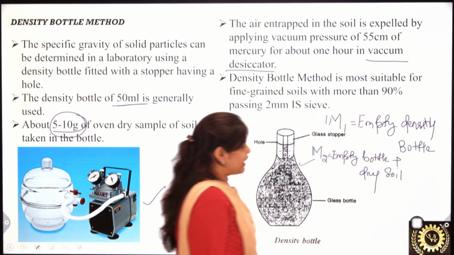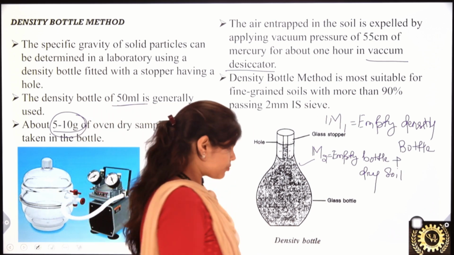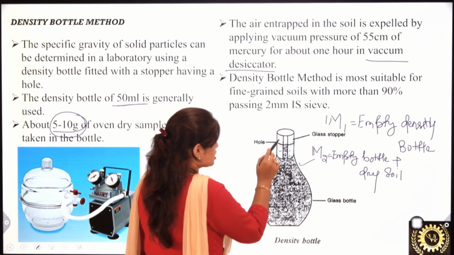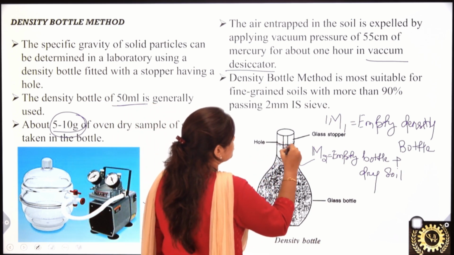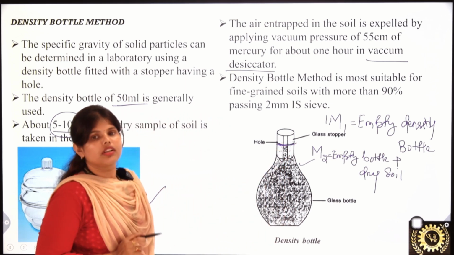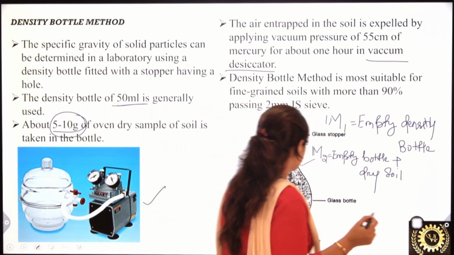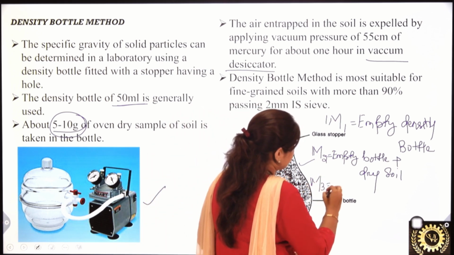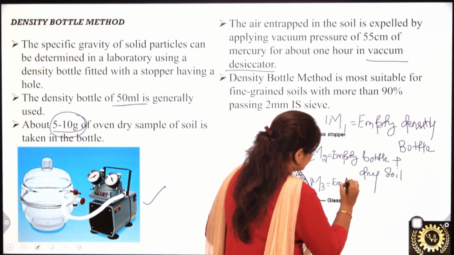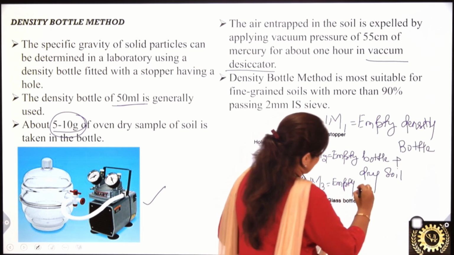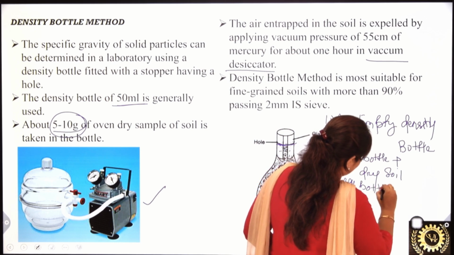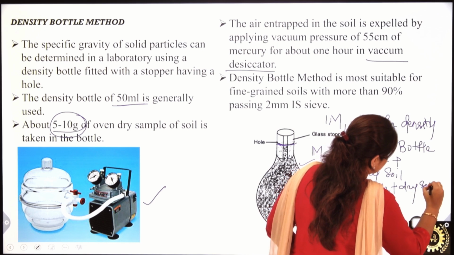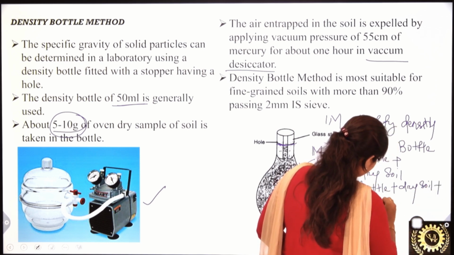Next, we fill this bottle with distilled water up to the glass topper level. We measure the weight and term that M3, so M3 is the empty bottle plus dry soil plus water.